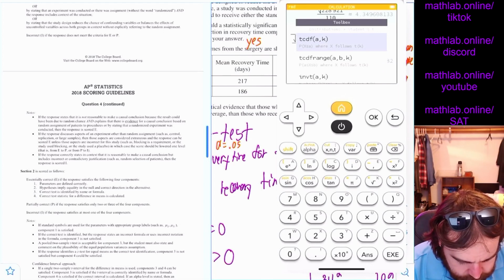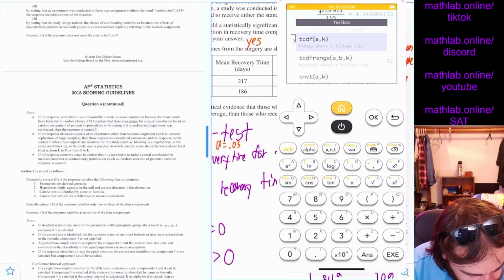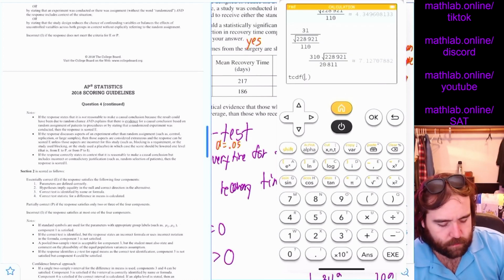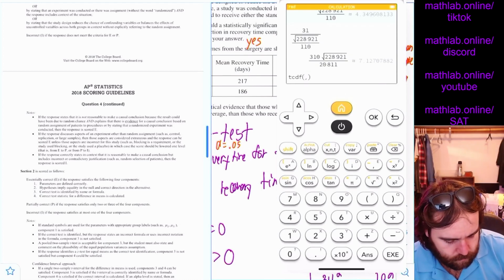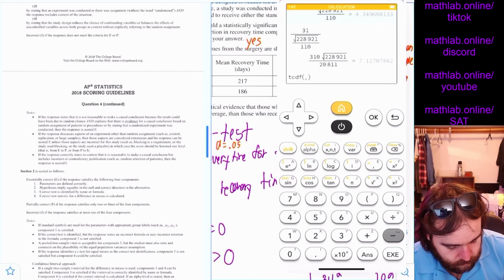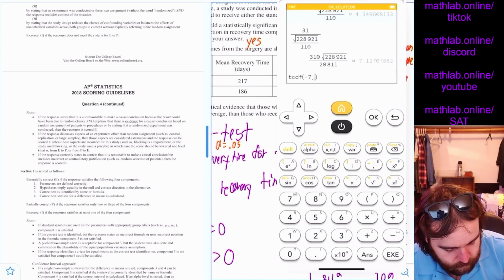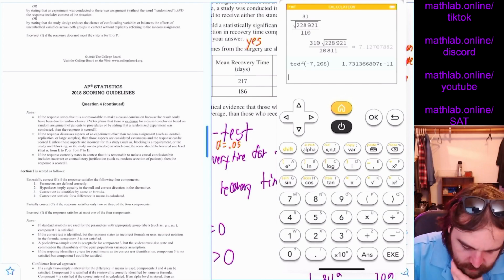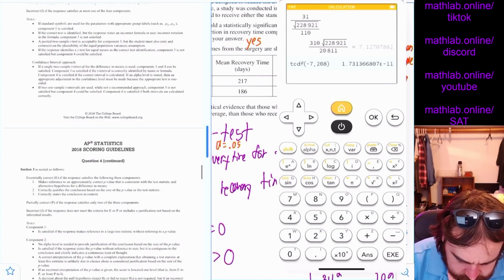X is less than A. I mean, we wanted greater than A, but we could just use negative. Maybe I don't even remember how to do a t-test. Negative 7.13, 208. Okay, so it did that time. That's like the same value they got?